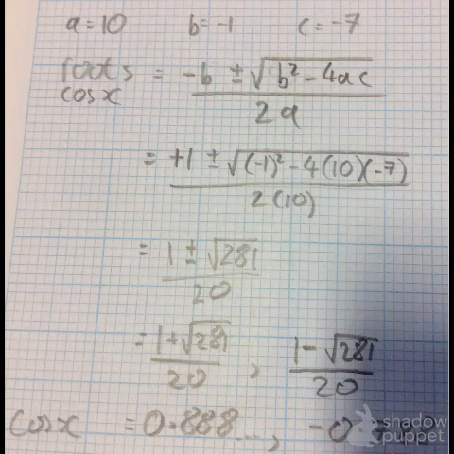It's worth noting that the discriminant, which you can find under the square root symbol, isn't a square number, which means our original trinomial can't be factorised.